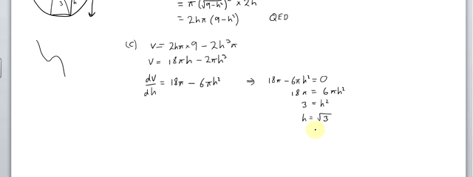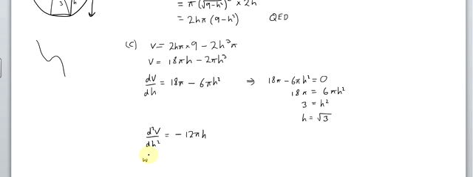Now, what we're going to do now is verify that that's a maximum. So we're going to calculate the second derivative, and the 18 pi is going to vanish, and we're going to be left with minus 12 pi h.